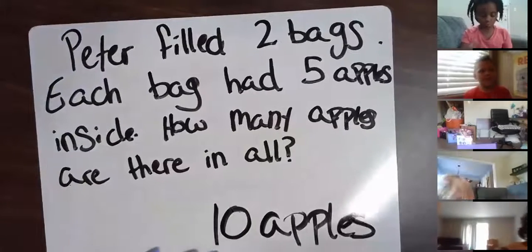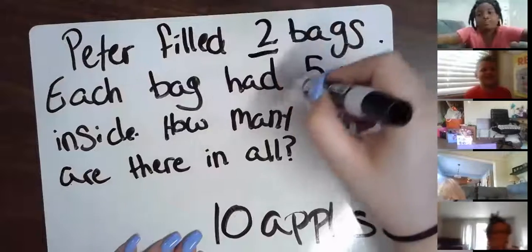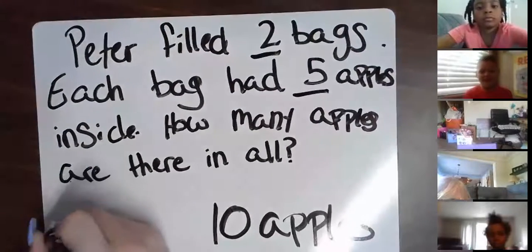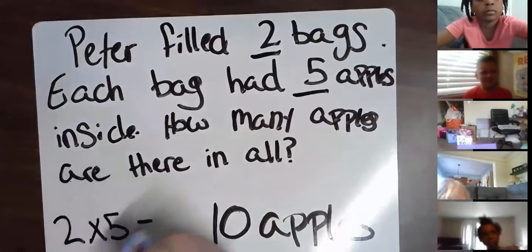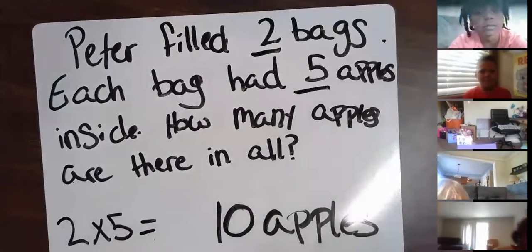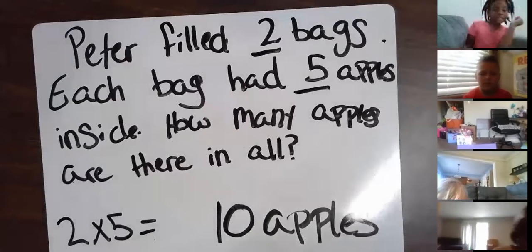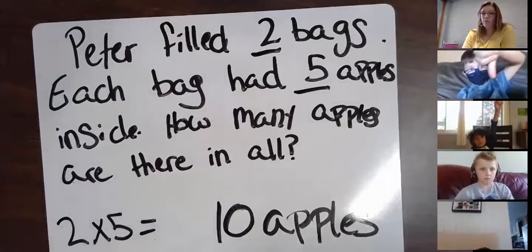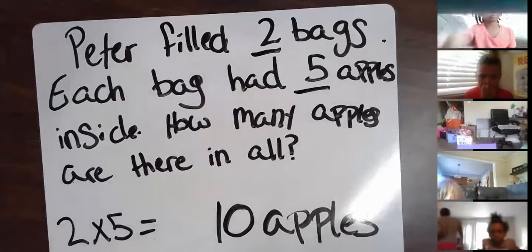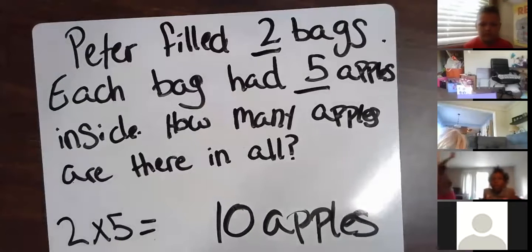And just to refresh your memory, remember we have 2 and 5. So that's 2 times 5 is equal to 10. Okay, so that's how we got that answer. Does anyone have any questions on a problem like this? Looking for hands. All right, let me look over one more time.